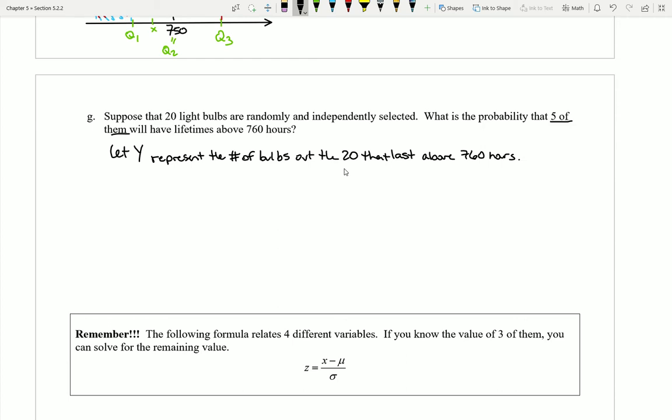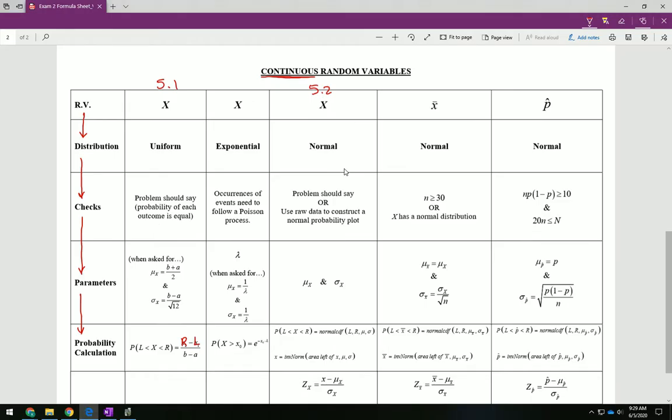If I'm saying how many bulbs will last this long, my answers are like 1 bulb, 10 bulbs, none of the bulbs, all of the bulbs. So this isn't a continuous distribution. Of course, what that means is that if I go look here at the formula sheet, I'm not really on this side of the formula sheet anymore.